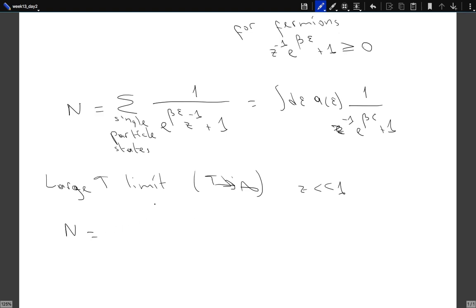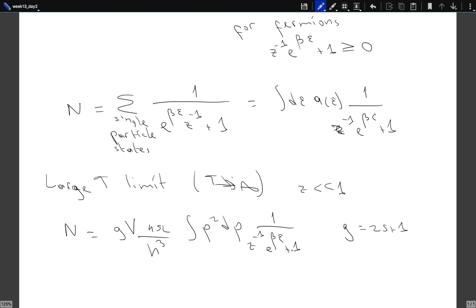The sum over these single particle states would give the volume element, the momentum integral, 4 pi from the angular integration of the momenta, then p squared dp divided by h cubed. There is a factor g due to the possible degeneracy in the energy levels. Fermions definitely have spin, so if they are spin 1/2, this g would be just 2. So g is typically 2s plus 1. And then we have 1 over z to the power minus 1 e to the power beta epsilon plus 1.